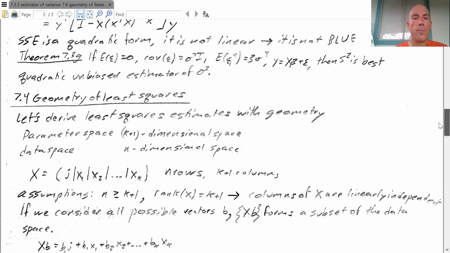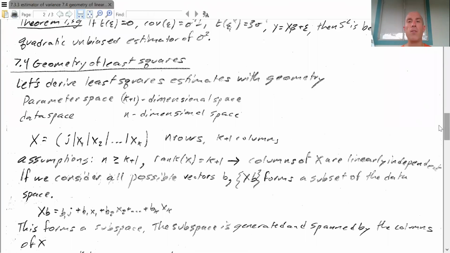Okay, so let's think about the geometry of least squares. What we've done so far to get the estimator of our coefficients was that we used calculus. Basically, we worked out some things that we wanted to minimize, the square deviations, and we wanted to work out certain aspects.